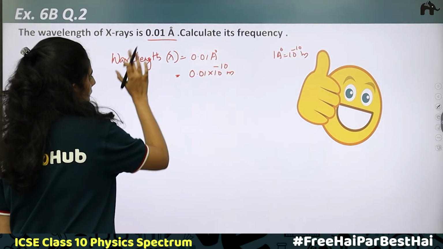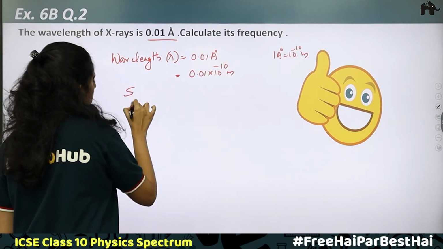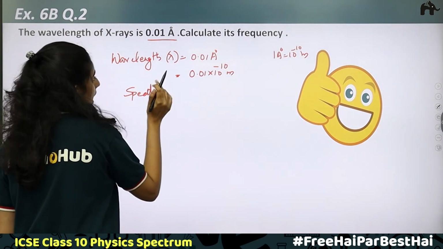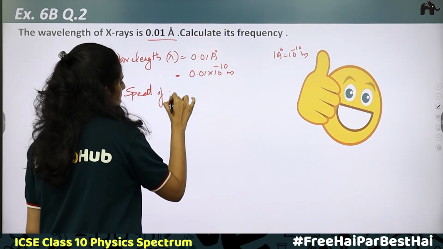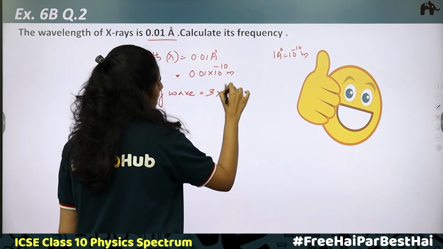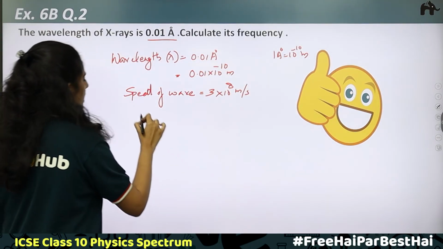Okay. Next, we are to find the frequency. What is the speed of wave? So here we are assuming the medium is air, and we can assume the speed of wave is equal to 3 into 10 raised to 8 meter per second. Okay, we can find the frequency.